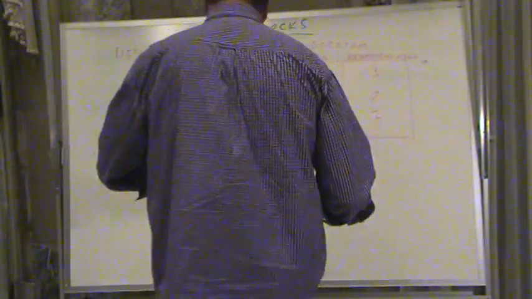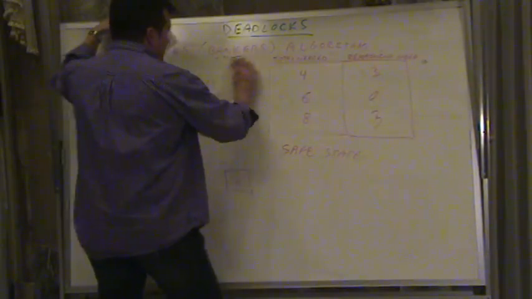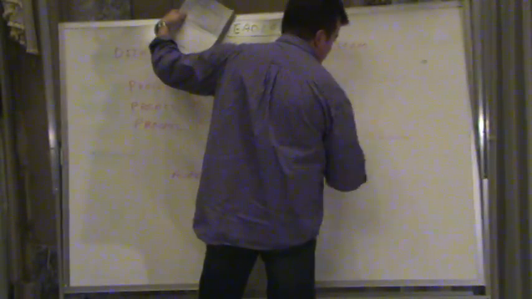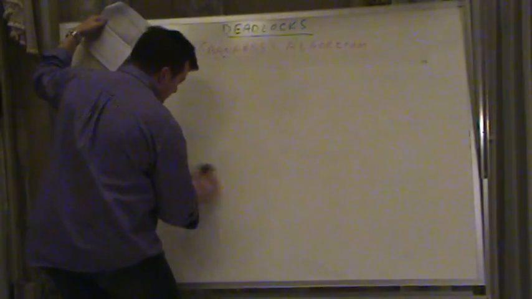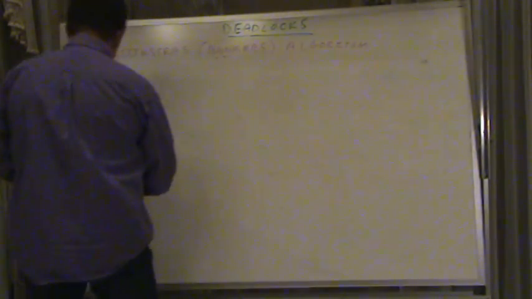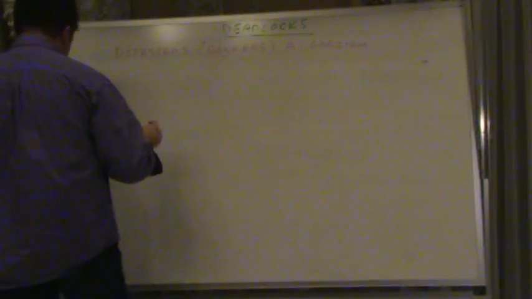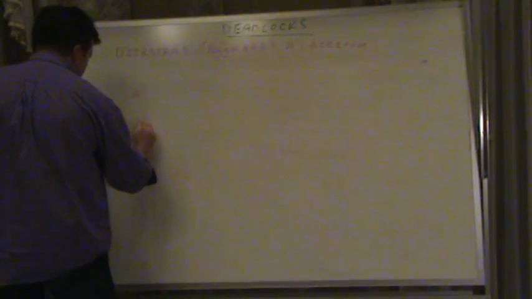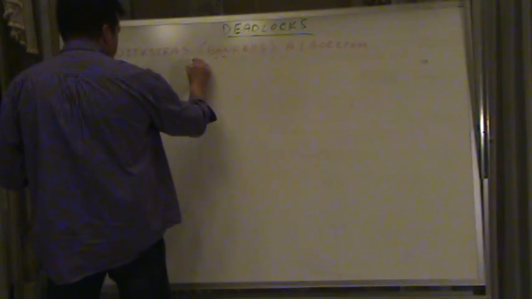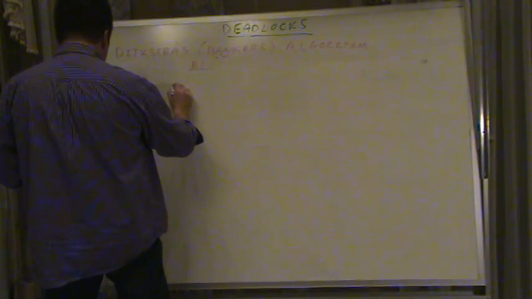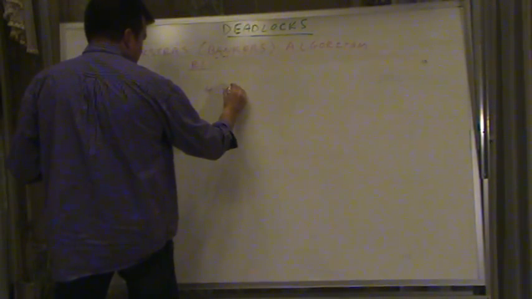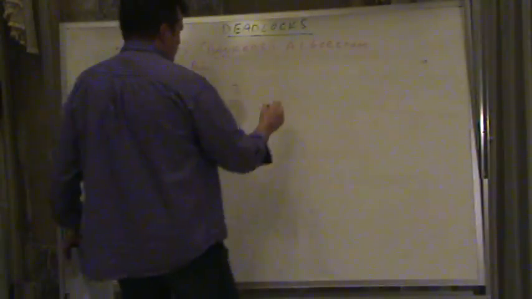And then obviously we can expand this to multiple resources. And there's an example in the notes that goes like this. So we have process A, B, and C, and we have resource 1, and the amount we have is 1, the total need is 4, which means we could be asking for as much as 3 more.